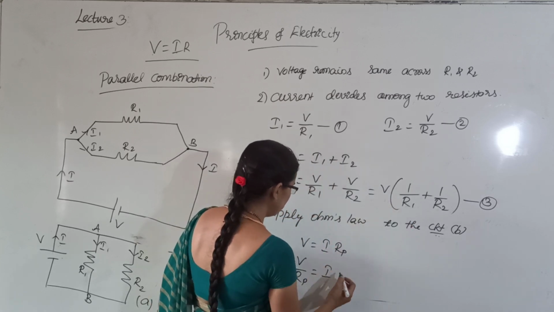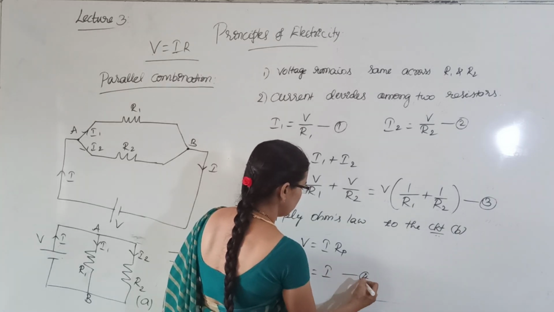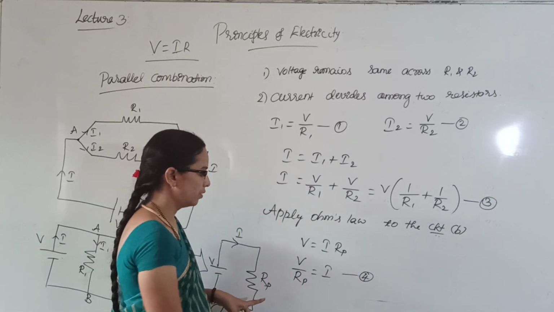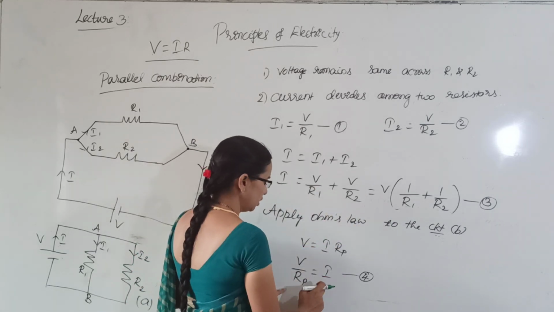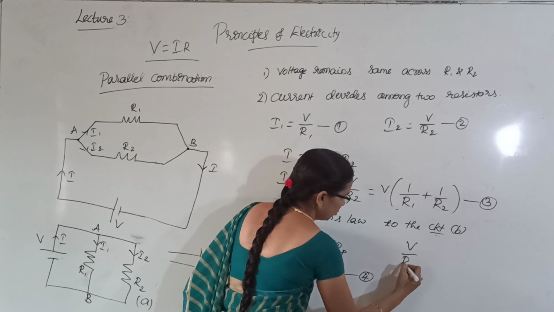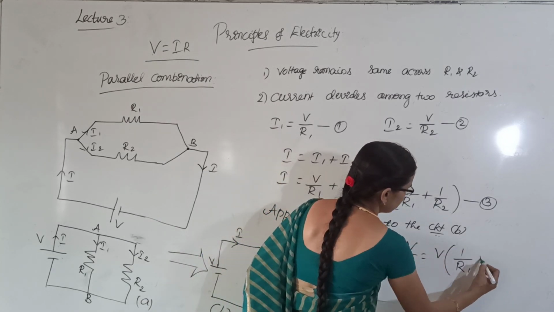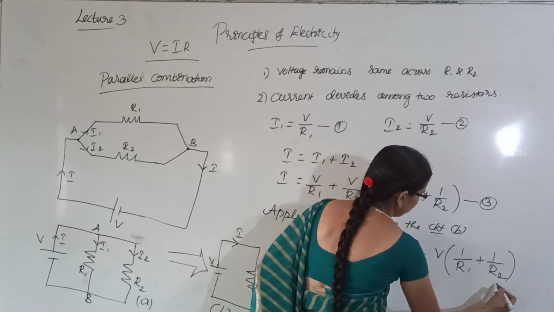If I substitute, I call this equation number 4, the value of I in equation 4, what happens? V by RP is equal to V into 1 by R1 plus 1 by R2.